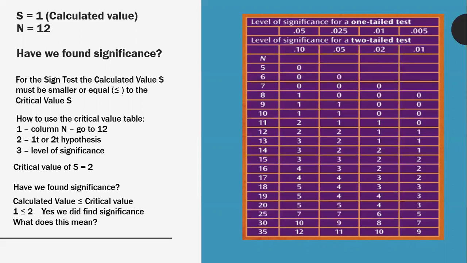So that statement would not be true. But in this case, our calculated value is 1, the critical value is 2, and yes, we did find significance. So what does that mean? That means we can make a conclusion about the hypotheses.